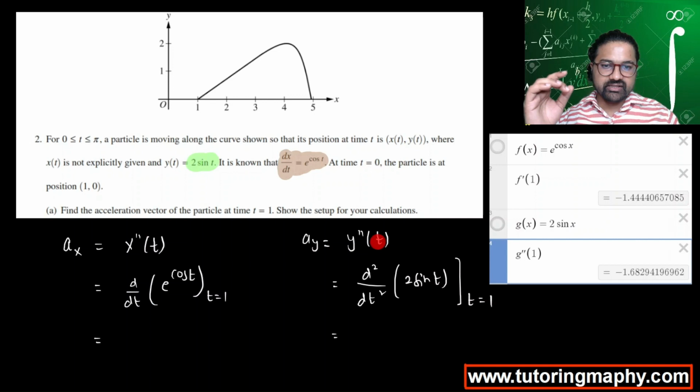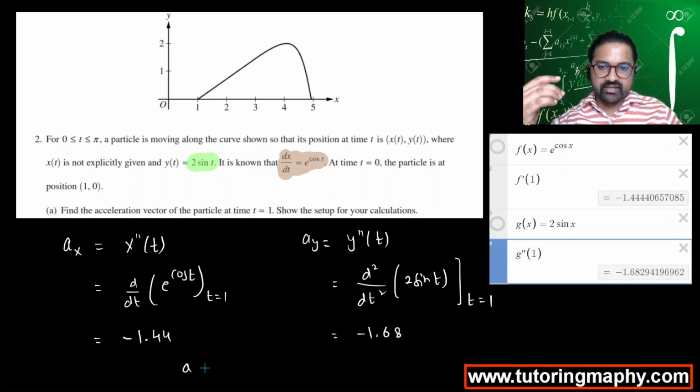And then I wanted to take the second derivative of 2 sine t, so it will be g double prime, the second derivative at 1, so I got this as ay. So the acceleration is going to be negative 1.44 and negative 1.68.